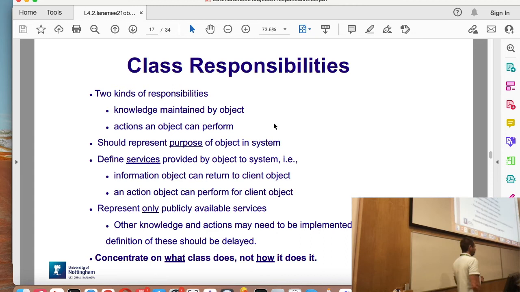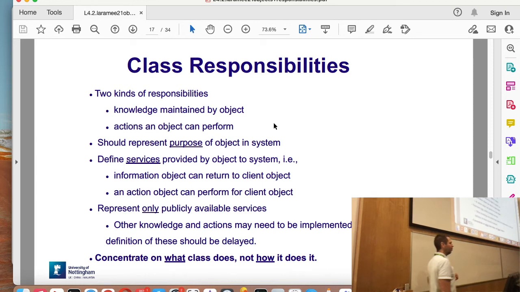It is confusing because we're not making a careful distinction between knowledge, information, data, and what I think of as member variables. But when you see the word knowledge, if you think data and member variables, that's a good association. That's what I think when I see the word knowledge in this context.